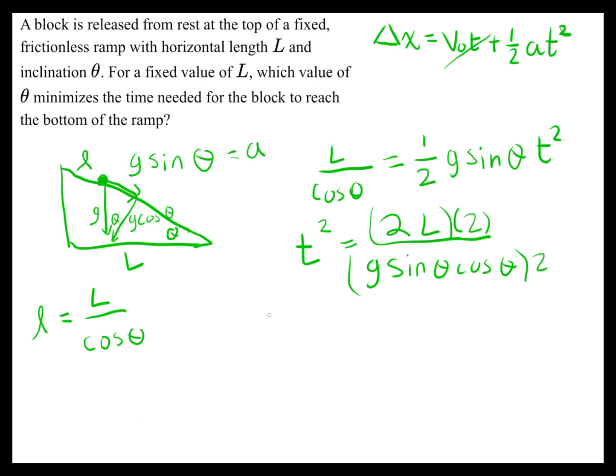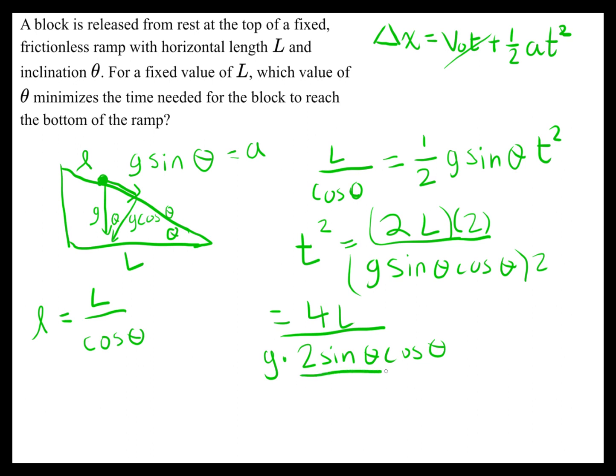So if we simplify this, now we get 4 times the horizontal length over g times 2 sine theta cosine theta, and that's equal to t squared.